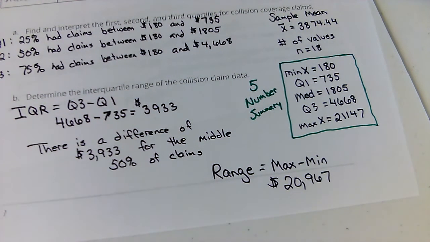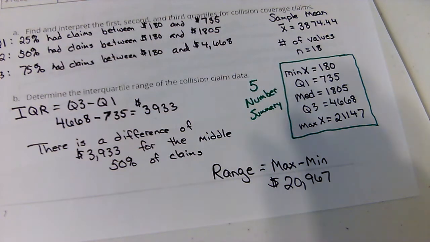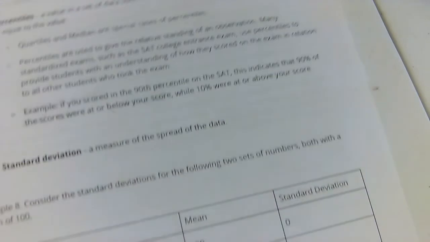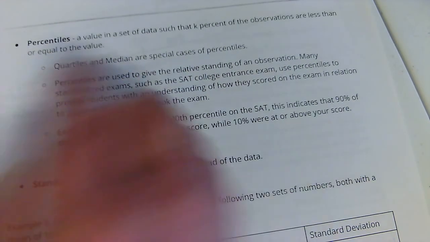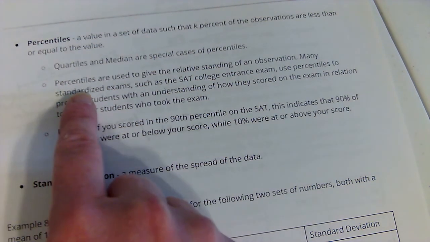So you start thinking, maybe there's a way to use that IQR to talk about outliers, and there are. So we'll get to that in a little bit. But we're talking about those percentiles, and that's a big deal. Those quartiles are special cases of percentiles, and we'll be dealing with those later too.